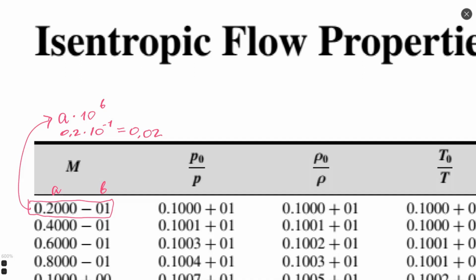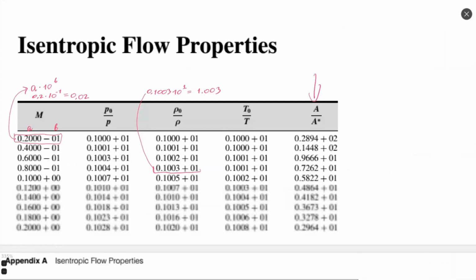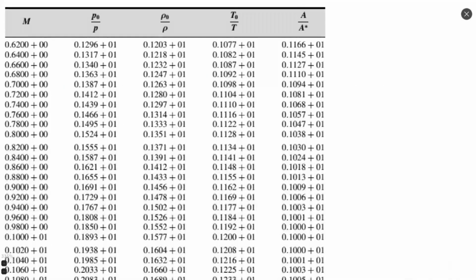In the same way, all other numbers, like for example this value here, 0.1003, 10 to the power of 1. So it's basically 1.003. Let's see another number on another page, just to be sure that you understand the idea, how to convert to a usual floating point number.